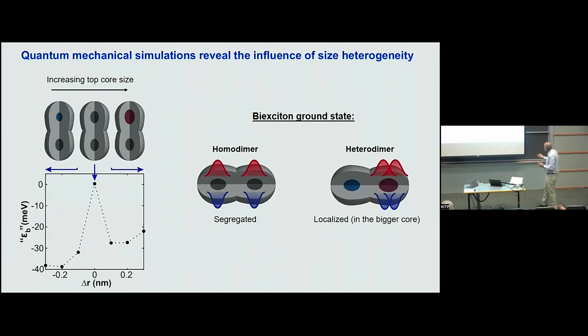Namely, the large particle, the bigger core, dominates, and this becomes the favorable lowest energy state that the theory will give you, which will have this repulsive character. Okay? And a really pure homodimer is more difficult to find, even in a good distribution sample as we have.